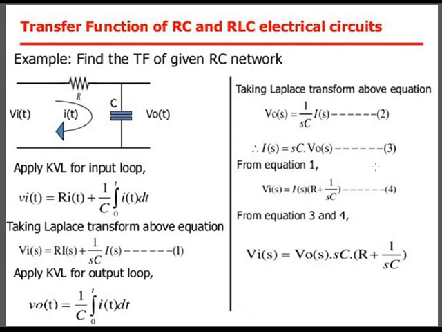Now from equations number 3 and 4, we can write Vi(s) = Vo(s) times sC times (R + 1/(sC)). So simply put the value of I(s) from equation number 3.